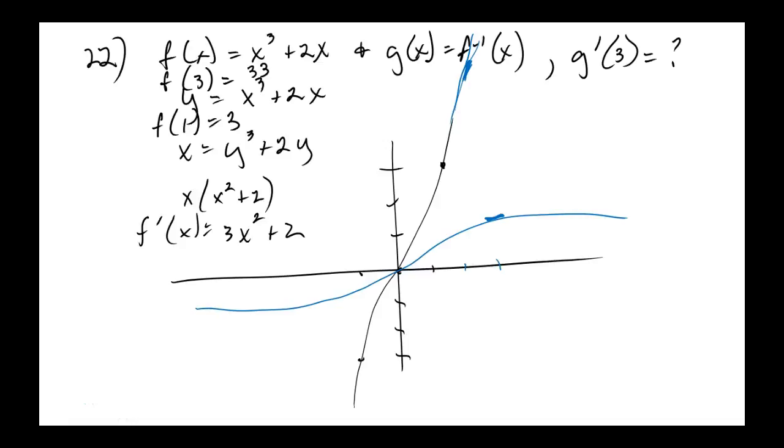So therefore, g of 3 is equal to 1, because they're inverse functions of each other. And we know that g prime, so what we need to know is f prime. Actually, we're looking for that derivative.